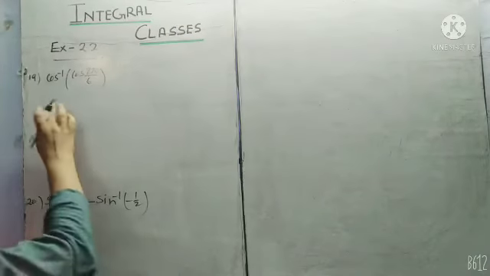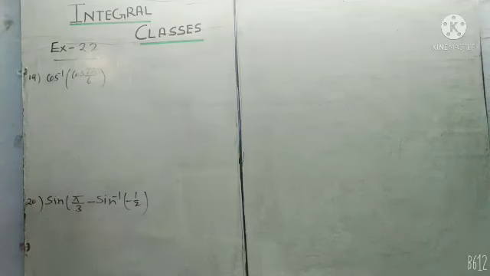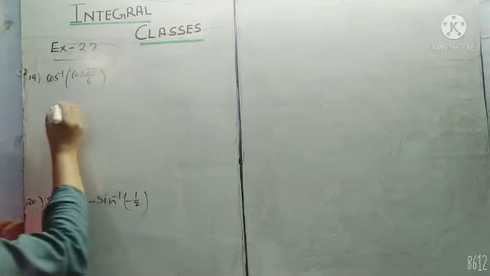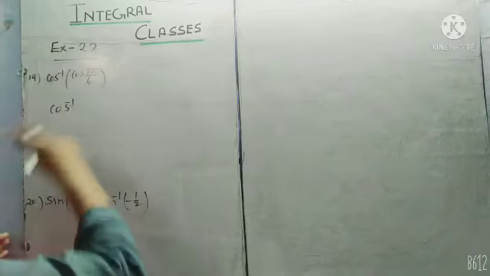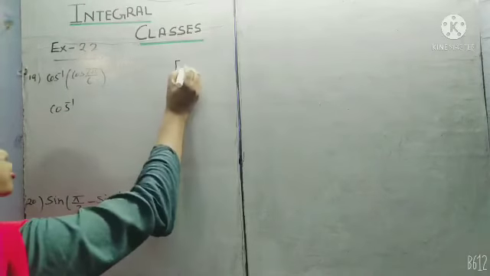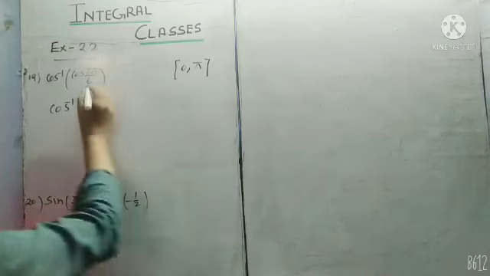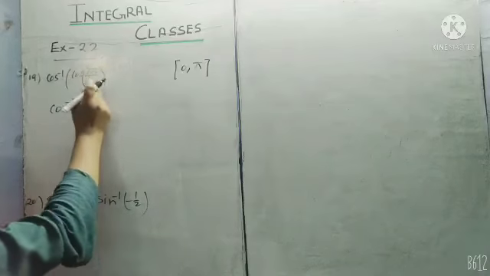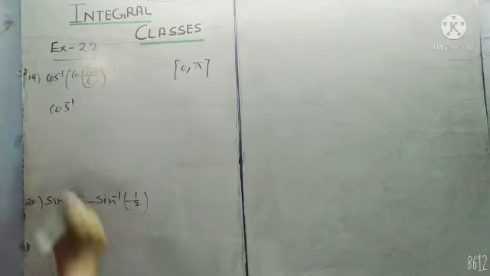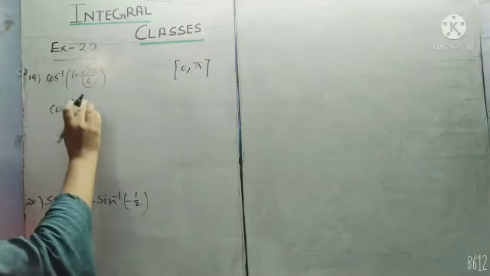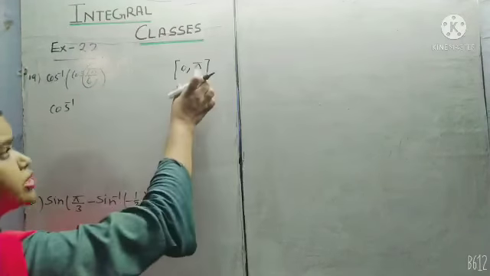Question number 19, cos inverse cos 7 pi by 6. So student, we will write here: we know that the principal value of cos is 0 to pi. It means 7 pi by 6 is not lying in this principal value interval. So firstly we will change the angle to lie in the principal value.